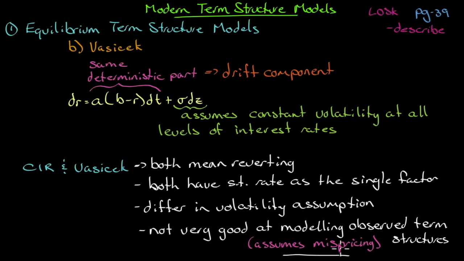If history were efficient, if there wasn't any mispricing, it would look like our model. So it's not that our model doesn't look like history, it's that history refuses to look like our model. So our model, when it's off, it assumes mispricing.